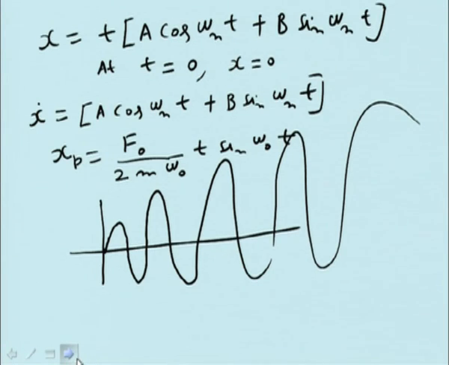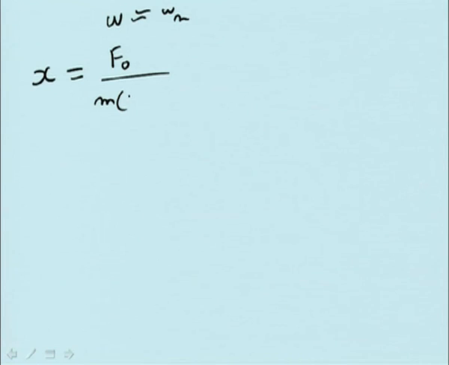So this is the type of resonance, and this condition has to be avoided. Let us now see, in case damping is very small and omega is very near to omega 0, that means omega is almost omega n, then x is equal to F0 divided by m times (omega 0 square, this is omega n square, minus omega square) cos omega t.